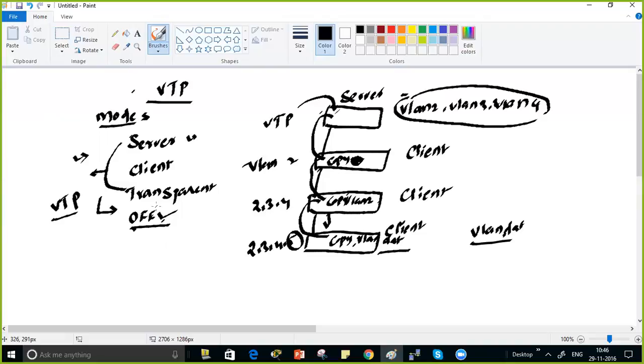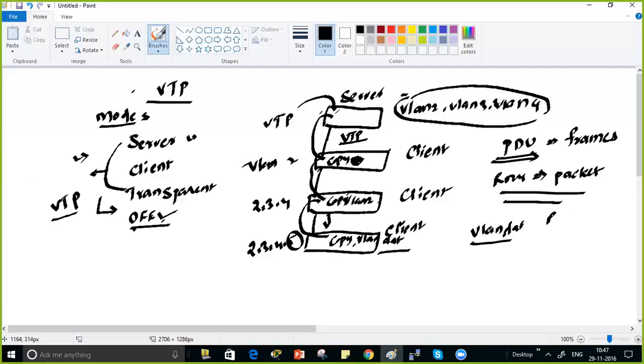Whenever you are sending, what is the PDU name in a switch? Frame. Yes, frames. In routers, packets.